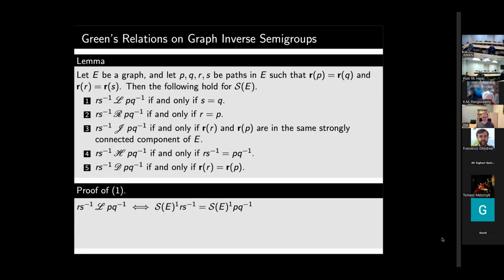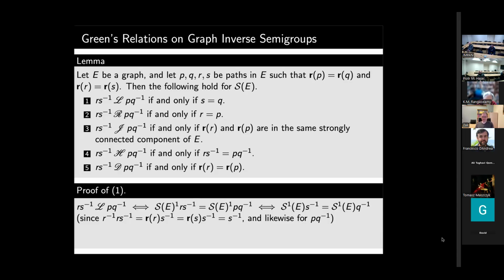The first thing you can notice is that you can get rid of those non-inverse parts, the R and the P. The reason for that is because if you take RS inverse and multiply it on the left by R inverse R, according to our defining relations, that gives you a vertex, the range vertex of S. And according to another one of the defining relations, that just gives you S inverse back. So the left ideal generated by R S inverse is the same as the left ideal generated by S inverse, so we can just drop the R and the P, and we end up with that.